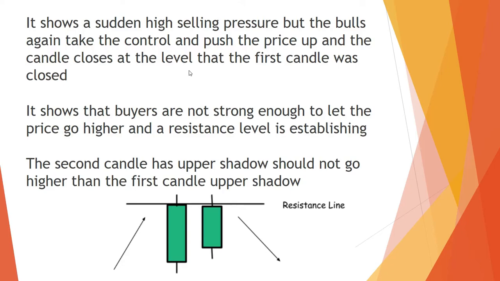It shows that the buyers are not strong enough to let the price go higher, and a resistance level is establishing. The second candle has an upper shadow that should not go higher than the first candle's upper shadow, and we see that the second candle is within the body of the first candle here.